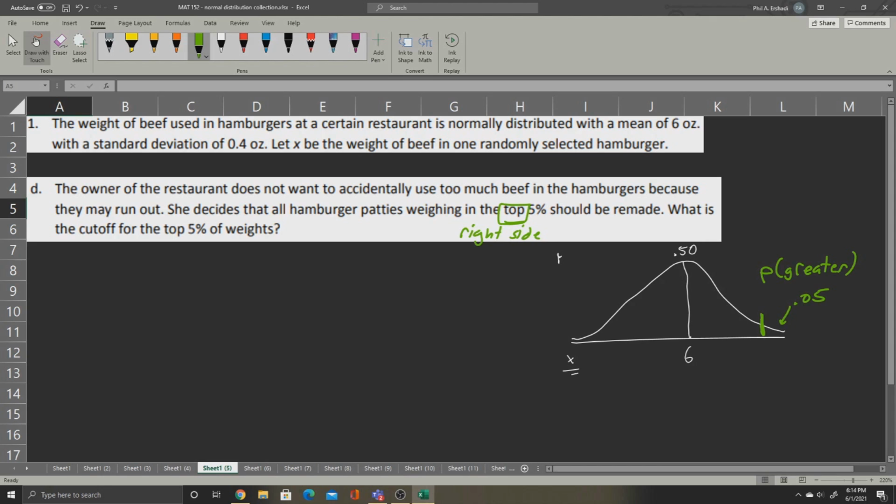Now, the thing is, in Excel, we can't actually use P greater. Excel will always use P less in its formulas. So therefore, we need to take one additional step at the beginning of this problem to find p less.